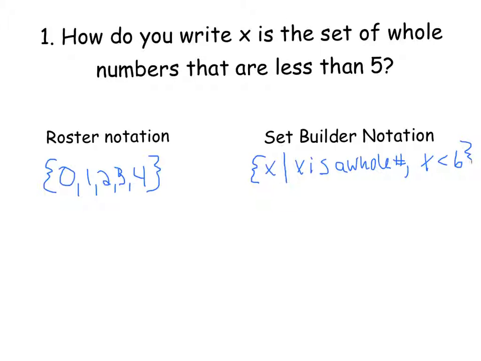And then we end with that brace. So we can read that as the set of all real numbers x such that x is a whole number and x is less than 5.